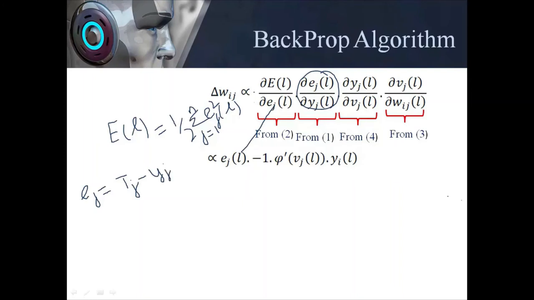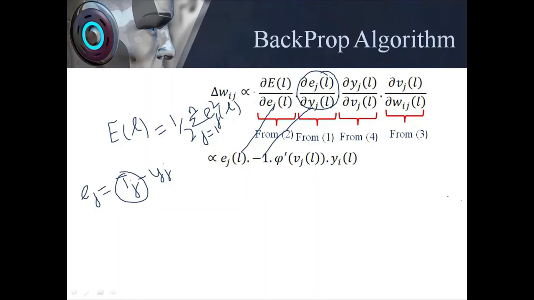So if I put this value of Ej in this partial derivative, obviously Tj is a constant, so that is 0. What I'm left with is the partial derivative of yj with respect to yj, which turns out to be 1. So the second partial derivative is going to give me the value minus 1.